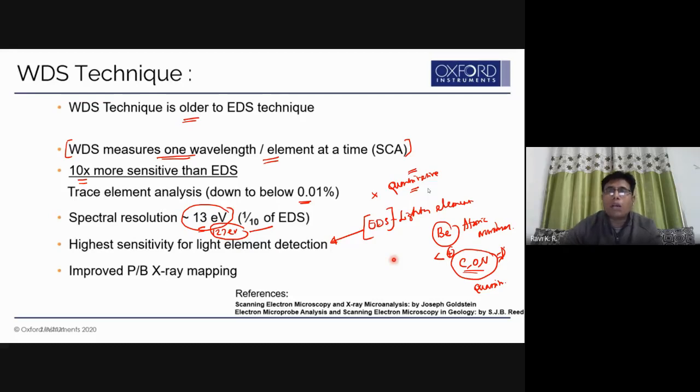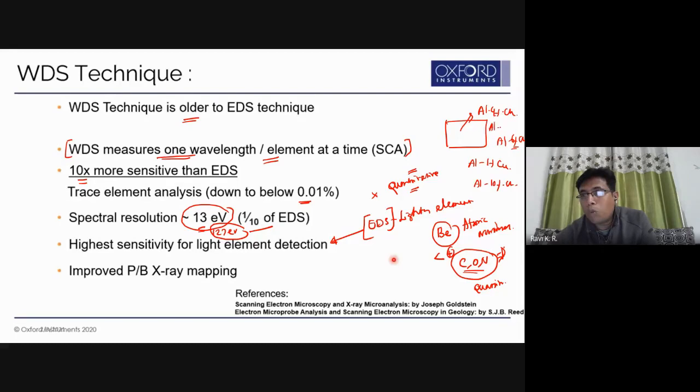Quantitative means, suppose you have a sample and you do a chemical analysis. Let's say you have aluminium with 4% of copper. If you do bulk EDS, one time you can get 1% of copper. Same location, another time you get 10% of copper. Another time you get 6%.